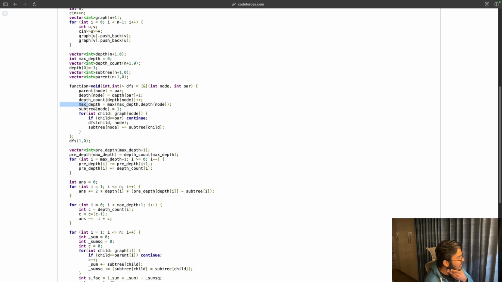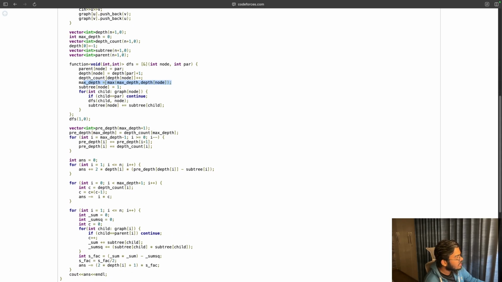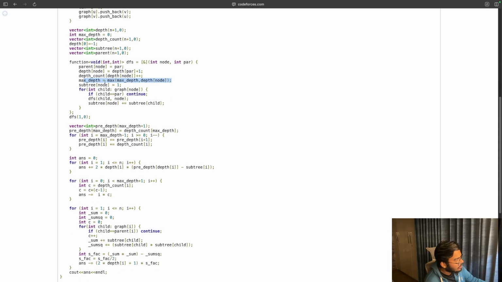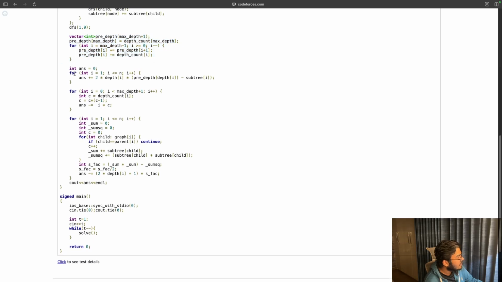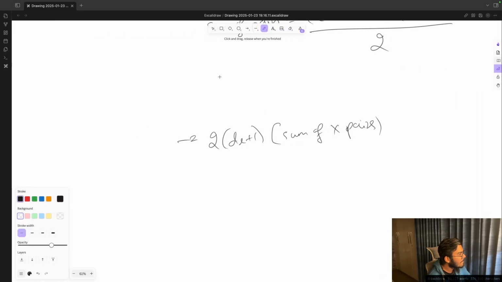I'm also maintaining a maximum depth; you can just assume it to be n-1, that will also pass all of your test cases. Then we can maintain a prefix sum to get the number of nodes that have at least this depth.